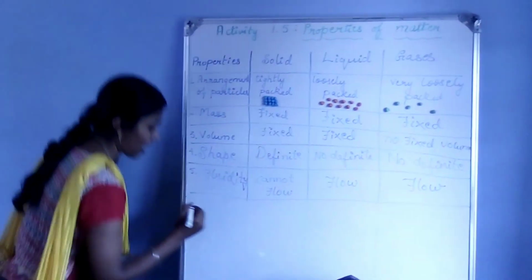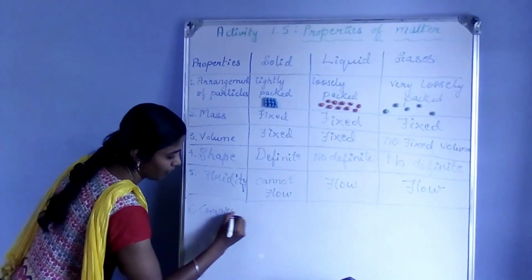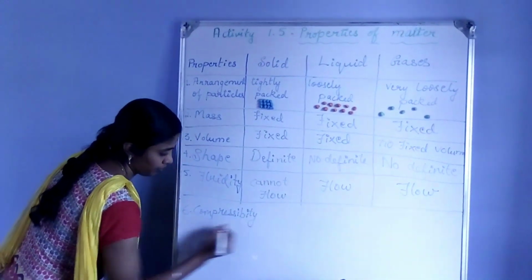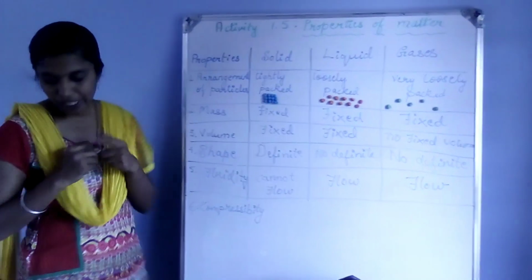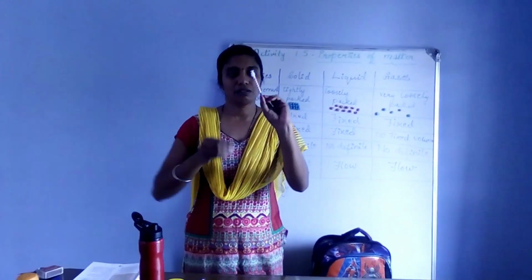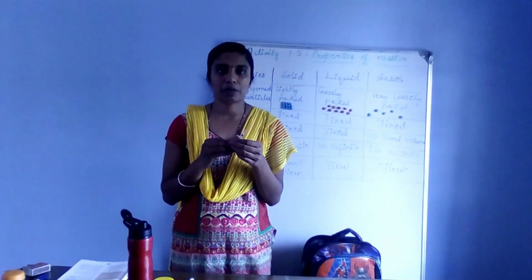Then the last part is the sixth part, compressibility. For this, we need a syringe. You can take that bigger one, that Dispo one, green color one. I have taken this insulin syringe. I want you all to do this experiment.